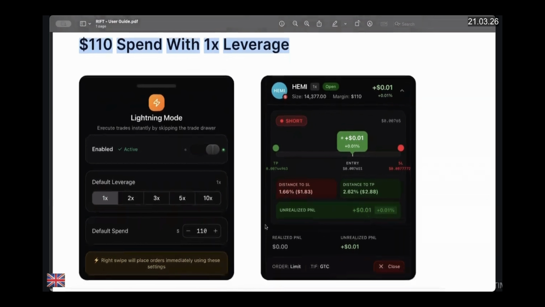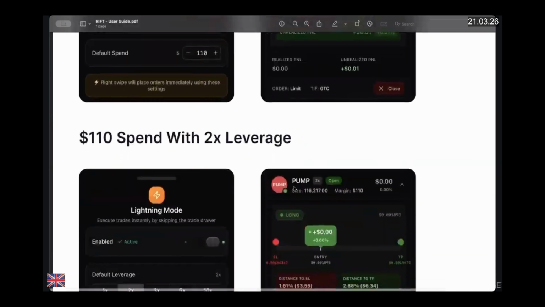That means if you increase the default spend, you increase the ticket size. So your profitability increases, the distance to take profit increases, and the distance to your stop loss point also increases. Both the distances increase with your ticket size growing.